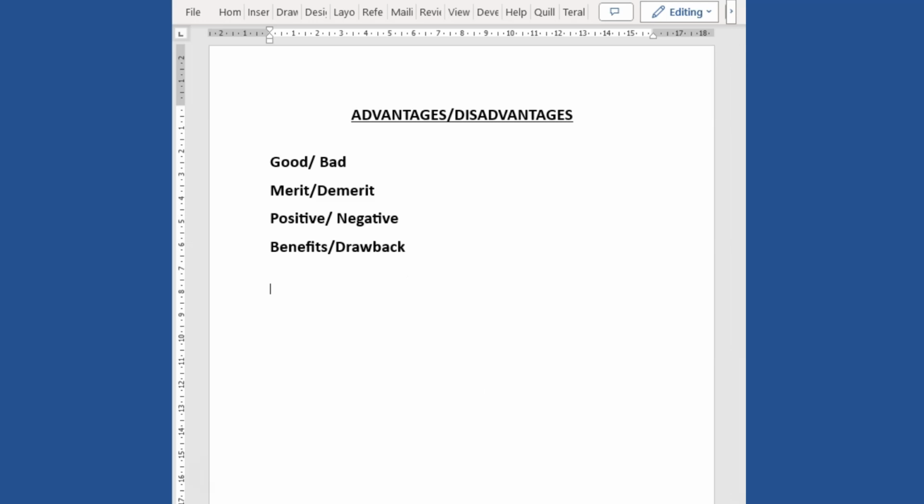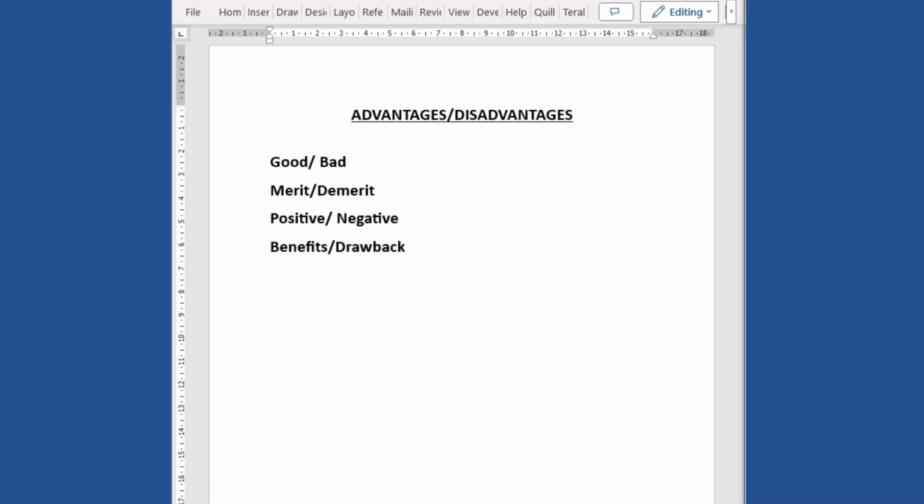They might also ask you to talk about the positive and negative side of the issue, or the benefits and the drawbacks. Okay, so they might use different synonyms to still talk about the advantages and disadvantages, but it's still the same.